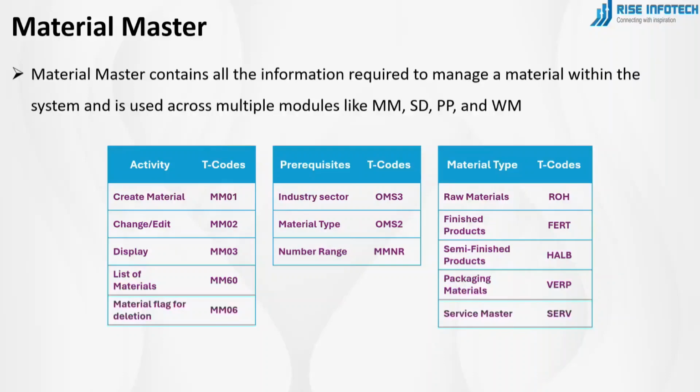Since we are handling the in and out of material data in the material master, we have different material types. Raw materials are ROH. Finished products are FERT, semi-finished products are HALB, packaging materials are VERP, and services are SARP.